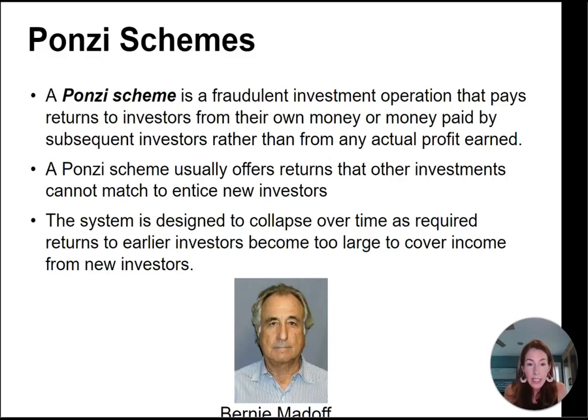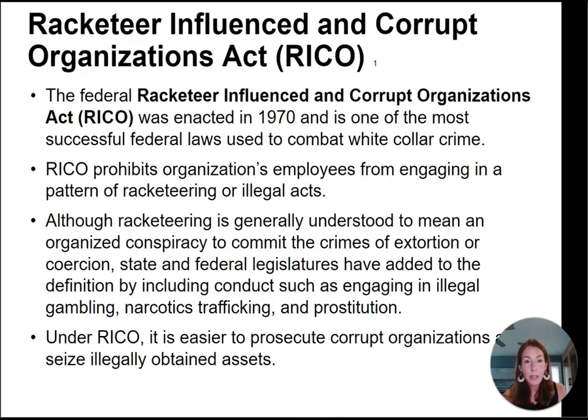But in reality, the newer investments are used to pay the returns to the earlier investors. And the people running the Ponzi schemes are pocketing lots and lots of money. So this system will collapse over time because these required returns to early investors become too large to cover the income from newer investors. So this is a type of white collar crime.